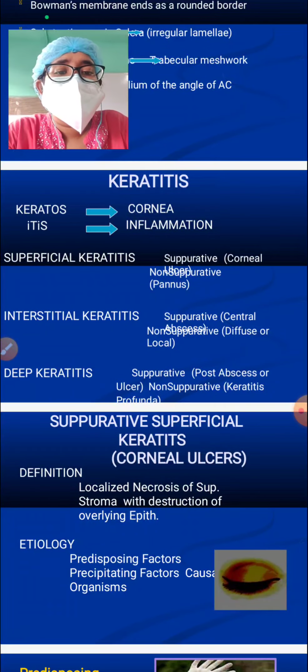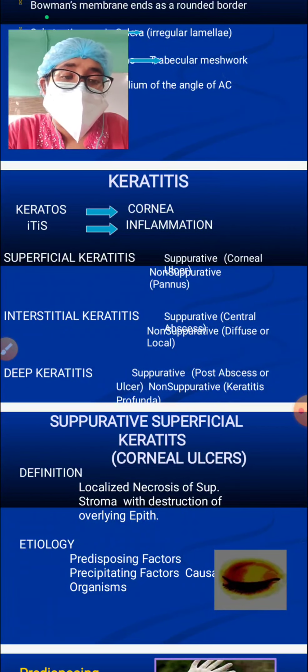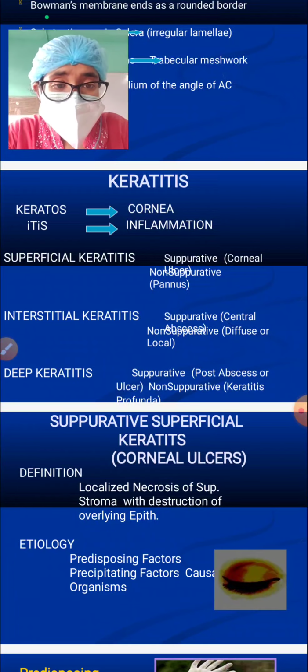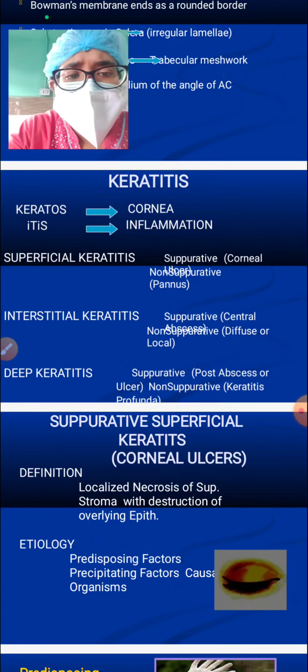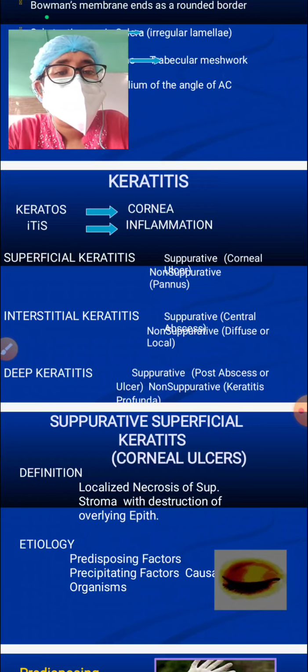Now, interstitial keratitis, when it is suppurative, it becomes the central abscess, and when interstitial keratitis becomes non-suppurative, it is termed as diffuse keratitis. This diffuse keratitis, you need to know this. What I told, the suppurative deep interstitial keratitis is named as central abscess, okay?